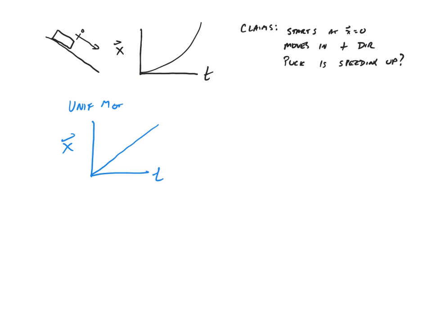And we said, hey, the reason it's linear is that if you pick some times in here, look, for equal changes in time, you get equal changes in position.